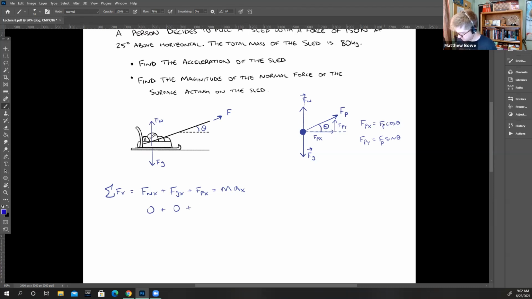And since I knew that we were going to go here eventually, I've prepared this term for us already. So F_P in the x direction, that is just the force that the person is pulling times cosine of the angle, equal to the mass of the sled times the acceleration in the x direction.